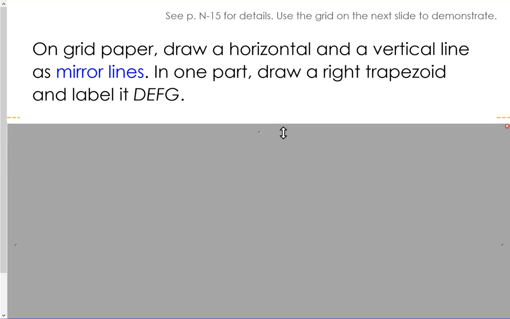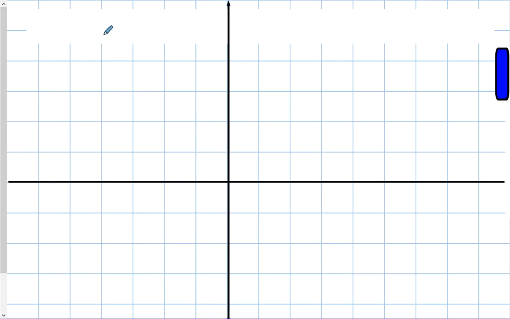To begin, draw a horizontal and vertical line as mirror lines. In one part, draw a right trapezoid and label it D, E, F, G. Let's try that together. Let's start up here.